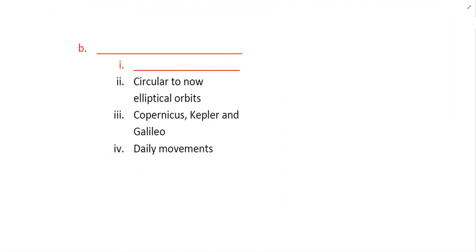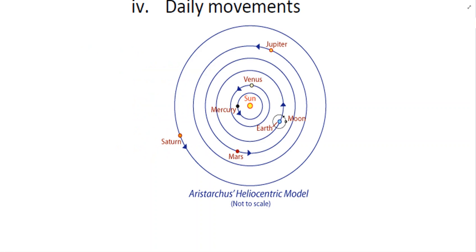Instead, we believe that the sun is actually at the center of the solar system, and planets follow elliptical paths around it. The first people to pioneer this idea were Copernicus, Kepler, and Galileo. So again, we call this a heliocentric model, and it puts the sun at the center. Helio is another word for the sun. And this is the model that you're likely to be more familiar with.